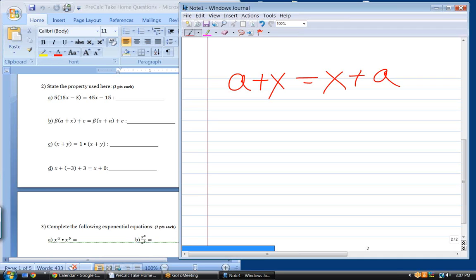So I believe that's the commutative property. Number C. X plus y equals 1 times x plus y. I'm not sure what property that is called, but 1 times any number is equal to that number. So it's just going to be the equal property, basically? Yeah, I guess. I don't know.